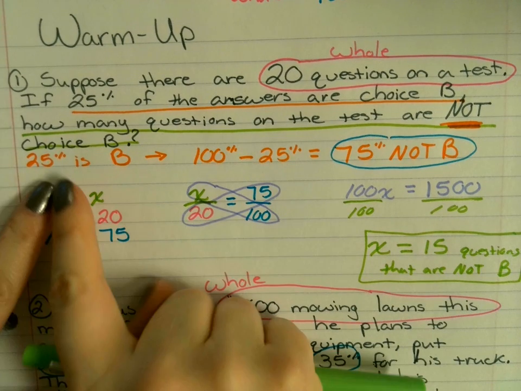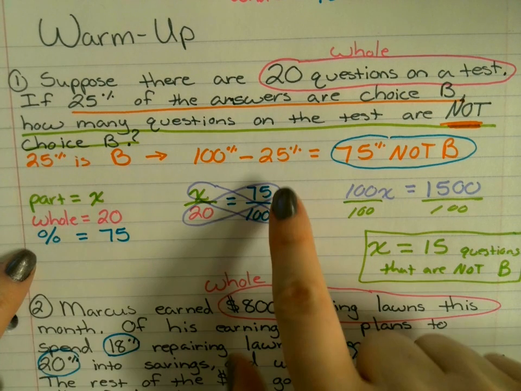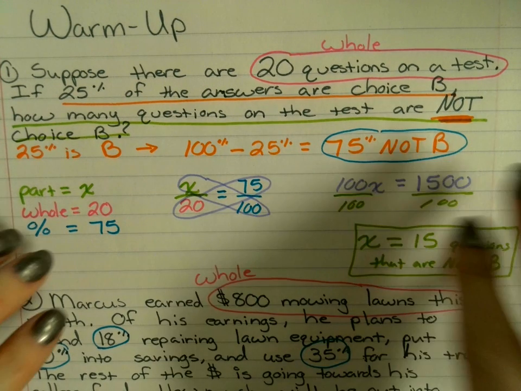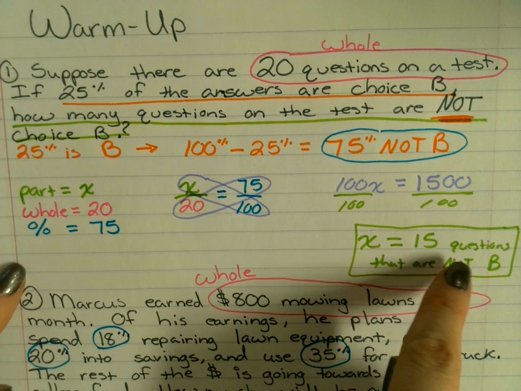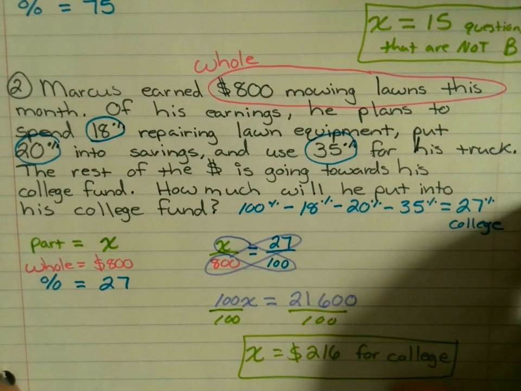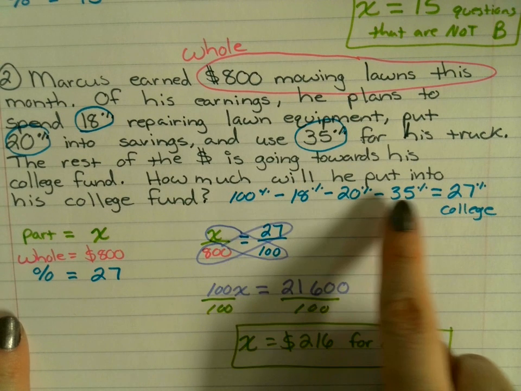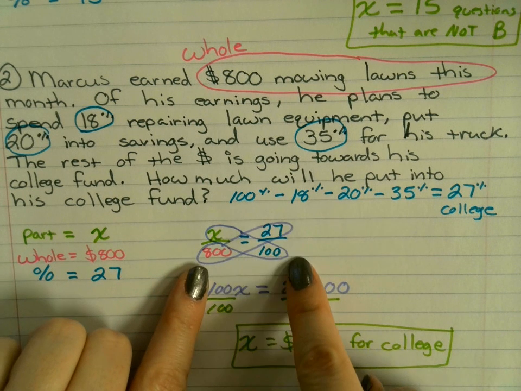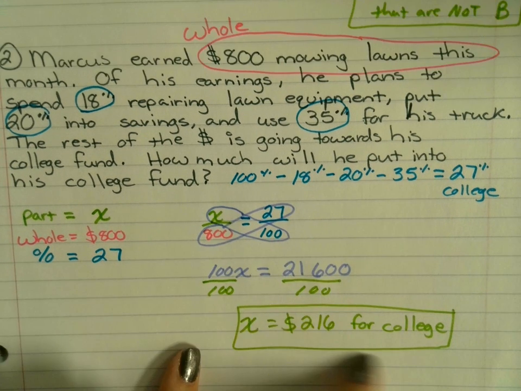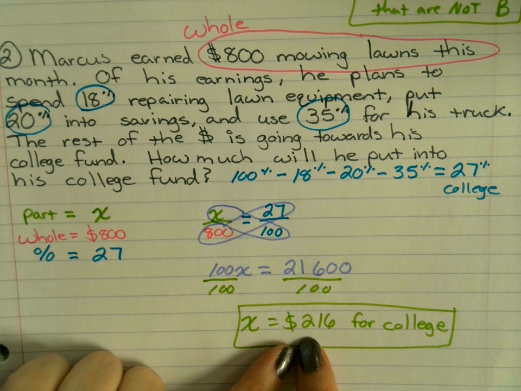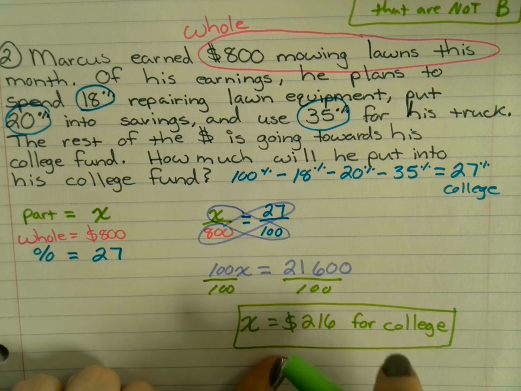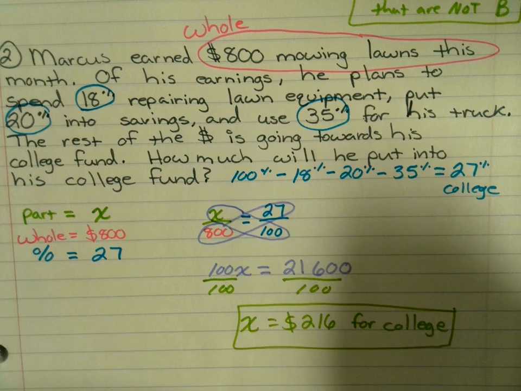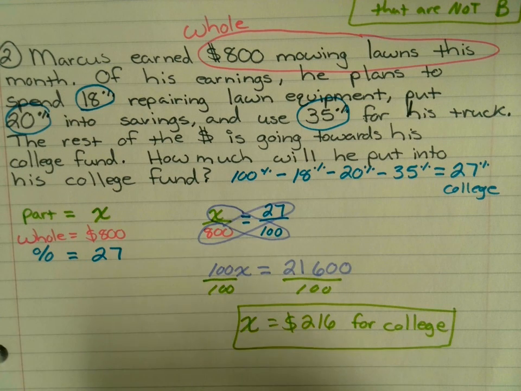You could have done x over 20 equals 25 over 100, and then you would have gotten 5, and then you could have taken 5 away from the 20 to get the 15. And then same thing down here. What Angel was saying is she added 18 and 20 and 35 together to get 73%. And she did x over 800 equals 73 over 100. And then she worked that out and got 584. Yeah, 584. And then she subtracted 584 away from 800 to see what was remaining. You can do that as well. Those are two different methods to doing it. Okay?